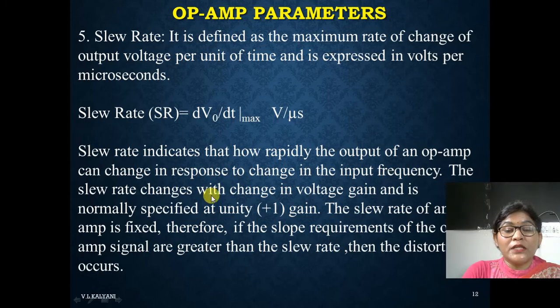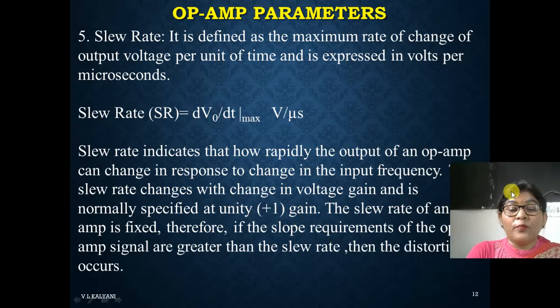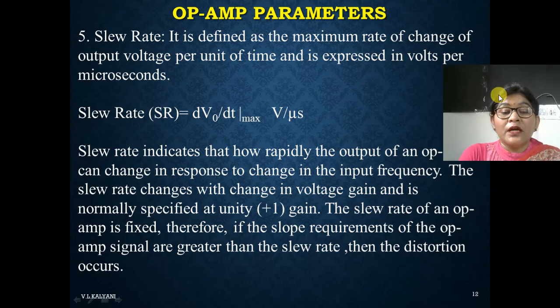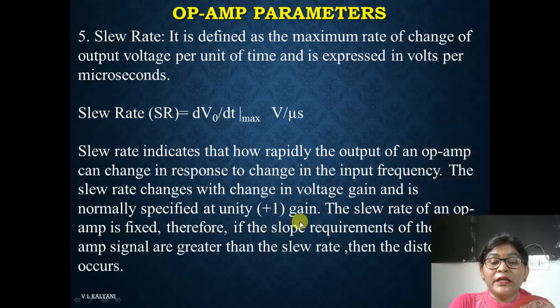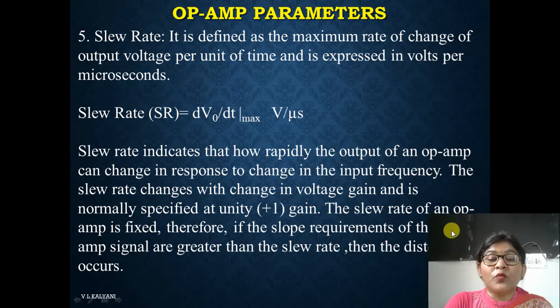The slew rate changes with change in voltage gain and is normally specified at unity gain. The slew rate of an op-amp is fixed. Therefore, if the slope requirement of the signal is greater than the slew rate, then distortion occurs. In the case of the 741 IC, the slew rate is fixed, equal to 0.5 volt per microsecond.